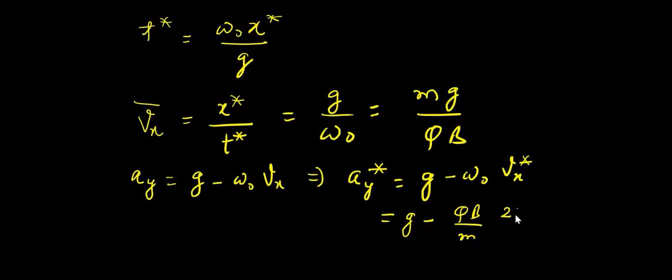Vx star was 2mg by qb, so the term becomes g minus 2g, which is equal to minus g.